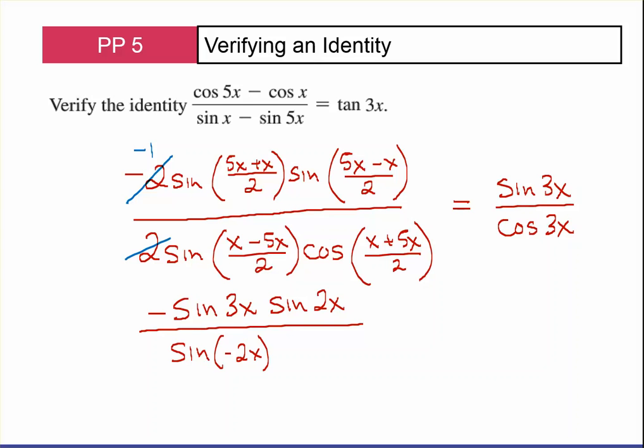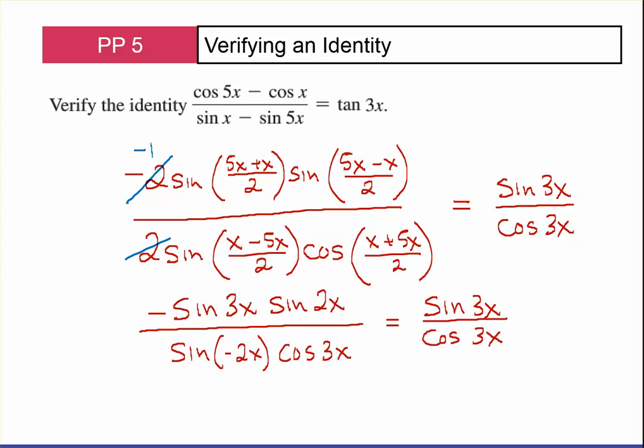Notice what I do now is I put the little parenthesis in there just to make sure that it's exactly the angle that I'm talking about. And then for cosine, add it up, 6x divided by 2 is 3x. Okay, the other side, no changes here. I'm going to leave it as sine of 3x over cosine 3x. So now the question is, how could I simplify this any further?